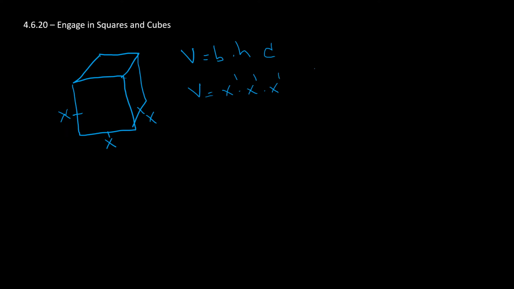We're going to use that same product rule, adding up all of our exponents. So we would say 1 plus 1 plus 1 equals 3. So we'd say the volume here would be x to the third.